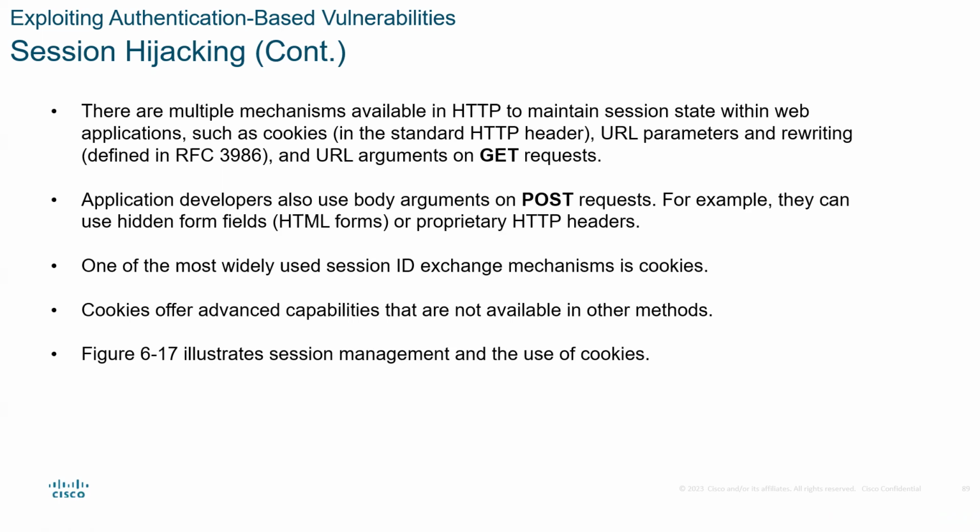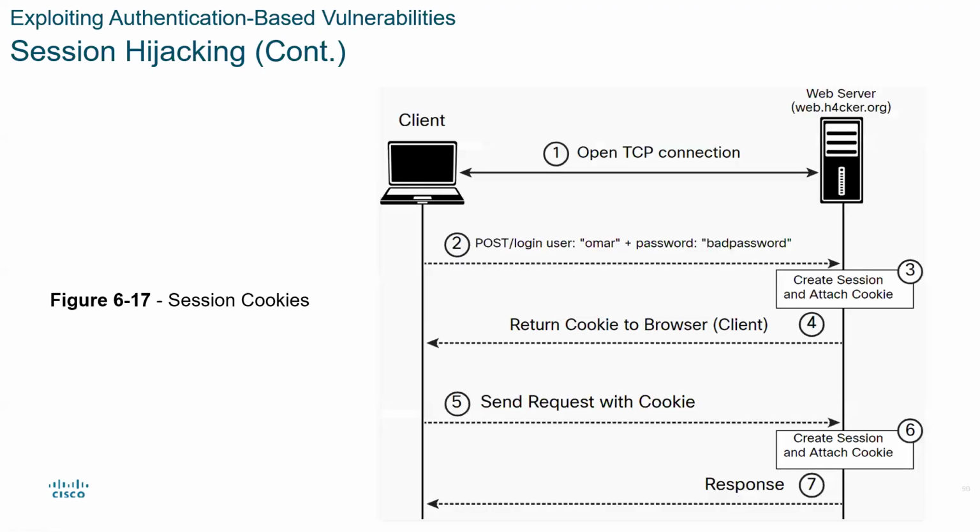So they can go ahead and use hidden fields or proprietary headers. One of the most widely used session ID mechanisms is cookies. Cookies offer advanced capabilities that are not available in other methods. So the cookies in this case just keep the conversation that occurs between the different parties.